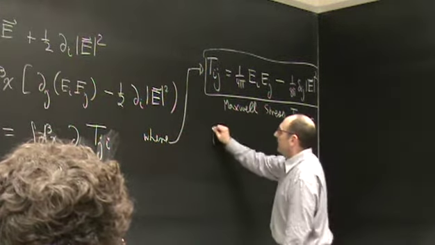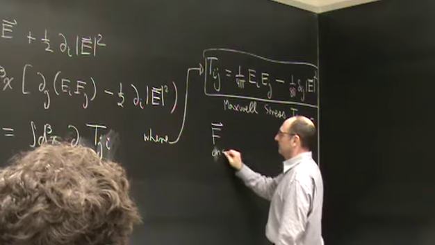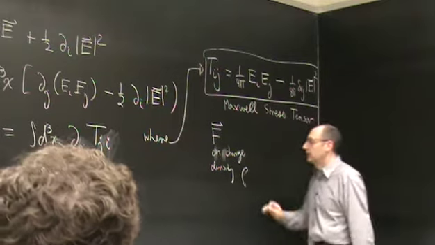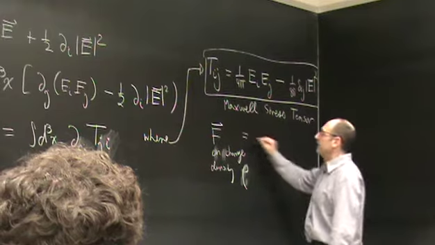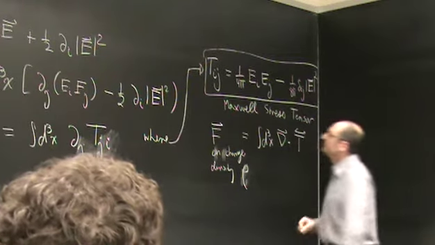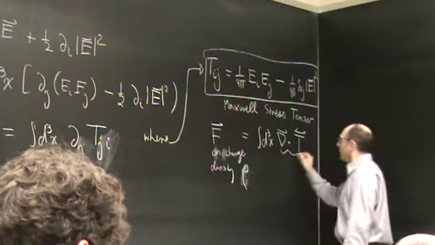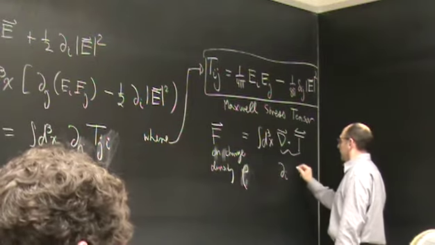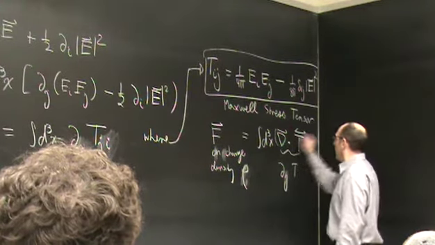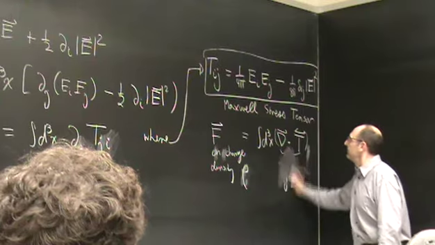But written in vector notation, what we see is that the force on the charges is equal to an integral over all space of the divergence of this tensor, where this is equal to, if I write this out, partial J of T J I. Let me leave it as such.